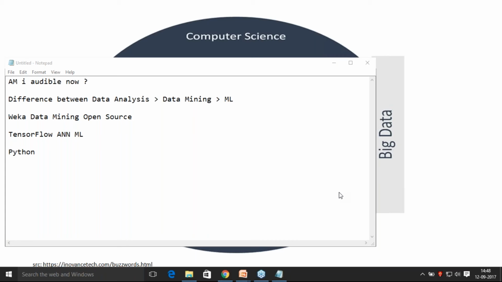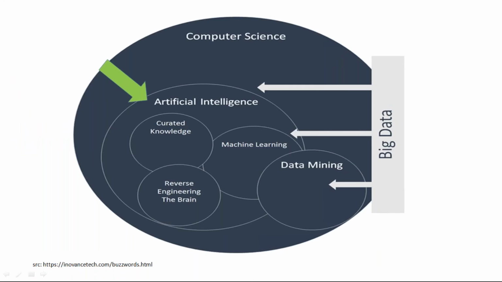So what is reverse engineering the brain? A question by Ishwar. What he asked is, what is reverse engineering the brain? As I've been telling, we'll keep coming back to this example of stock trading. Assume that I want to write an application which can auto trade, so it can trade like a human.